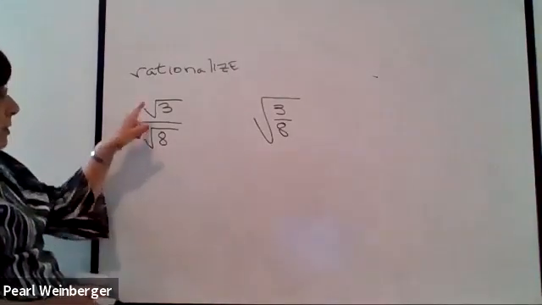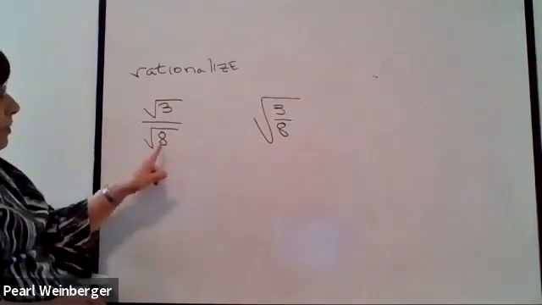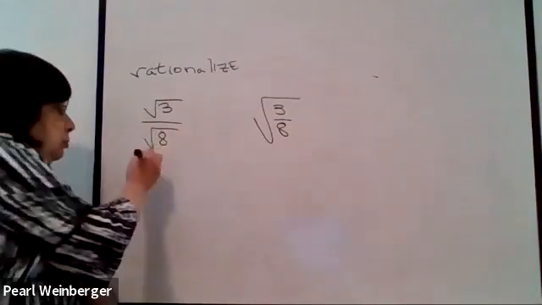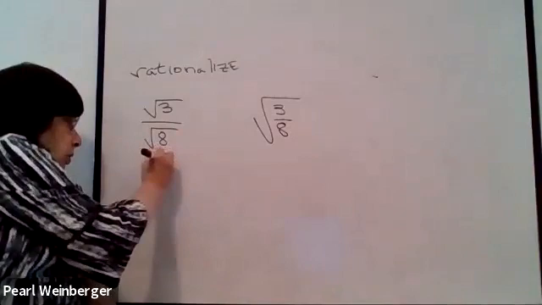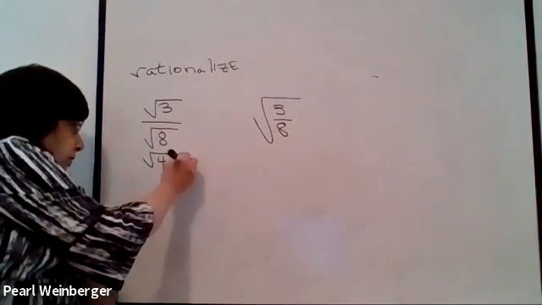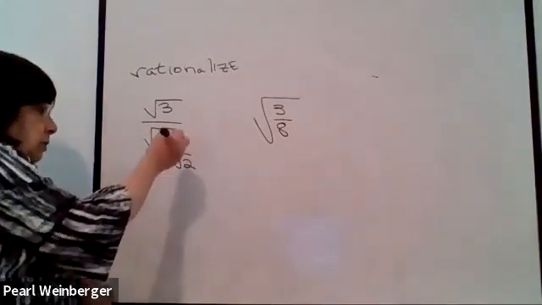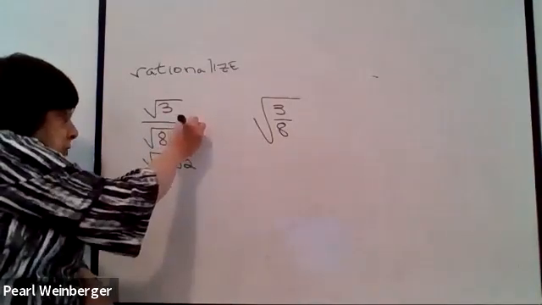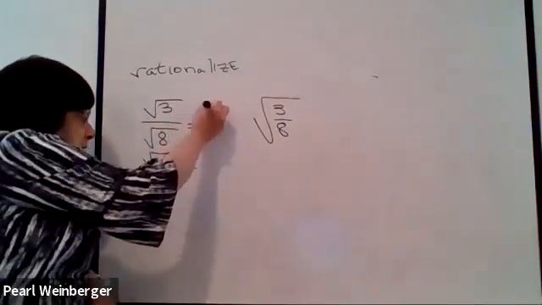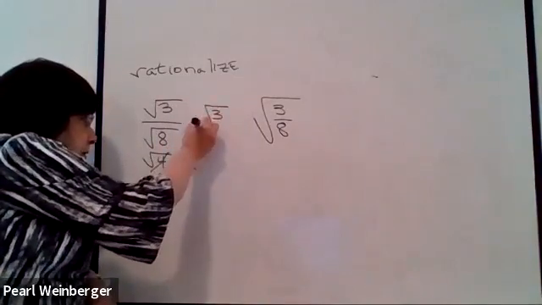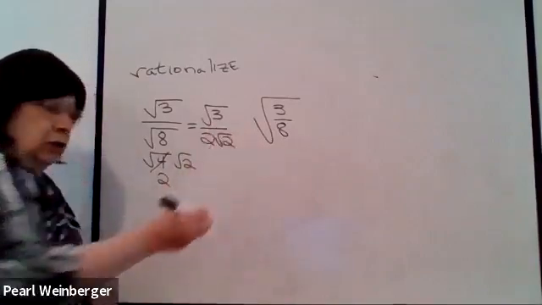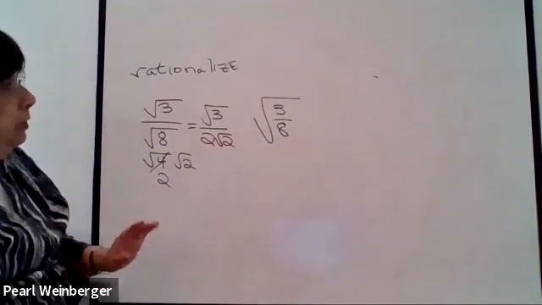And again, the 3 can't be simplified, but the 8 could be broken down into 4 and 2, because 4 is a perfect square. So this becomes 2 radical 2. So step 1 is we get radical 3 over 2 radical 2. That is our first step.